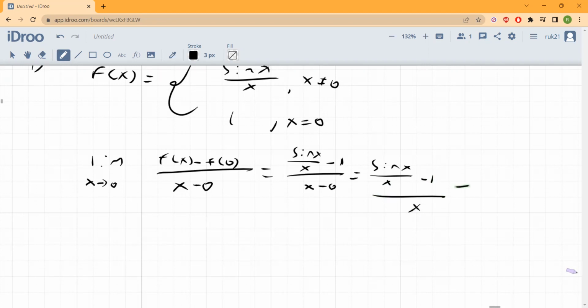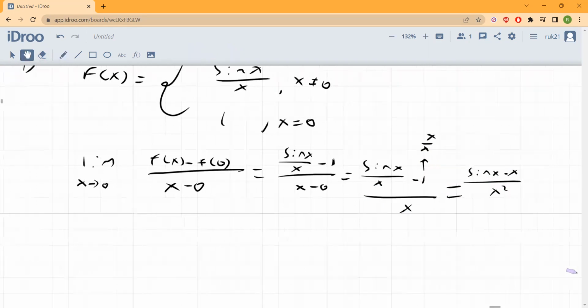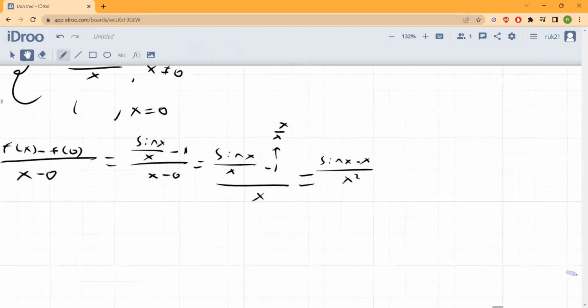So then that's going to be equal to sine x minus x over x squared. And that's just going to be, if you make this one into x over x, and then you would bring the x up, so you would get sine x minus x. Okay, then there are two ways of doing this.